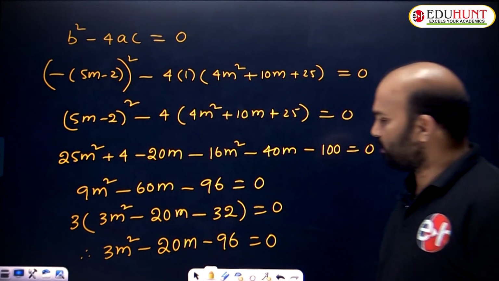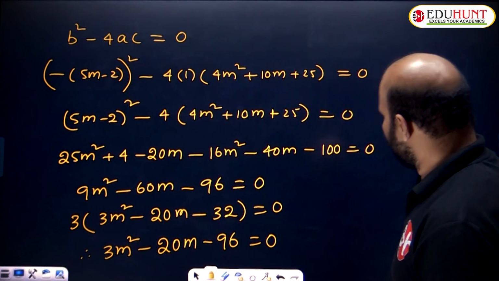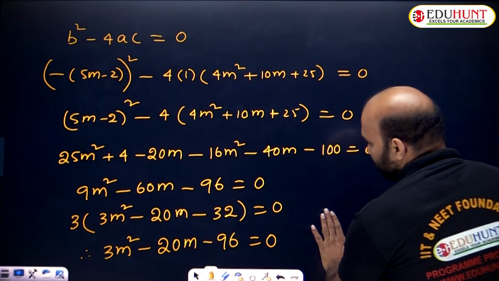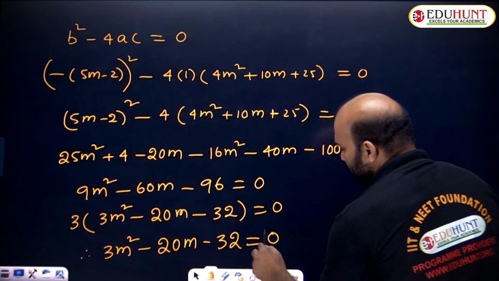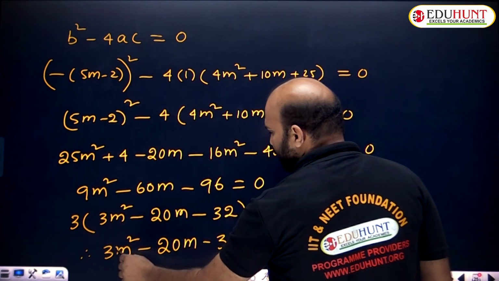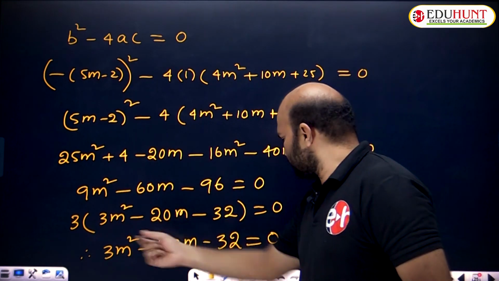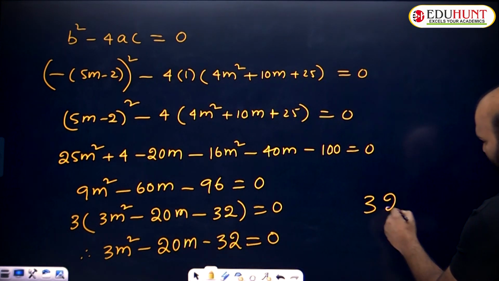So this is a quadratic form, ax square plus bx plus c equal to 0. How do we find the roots?